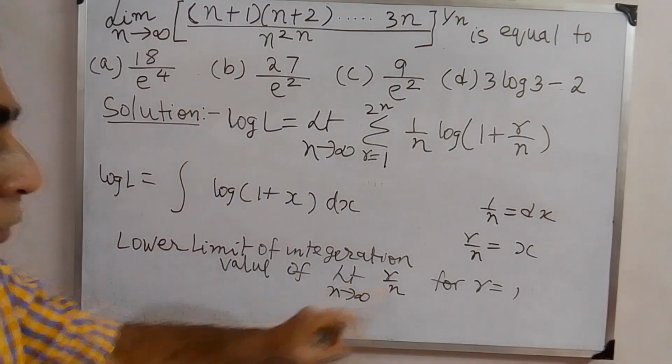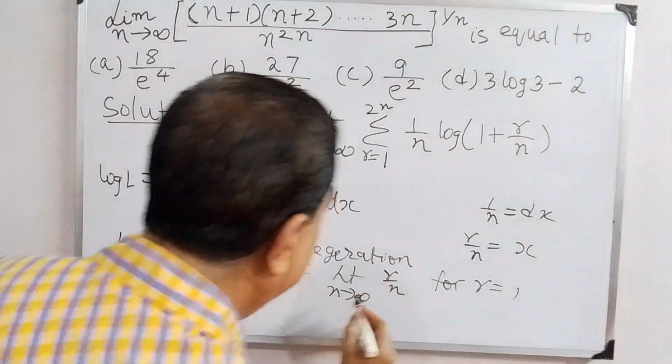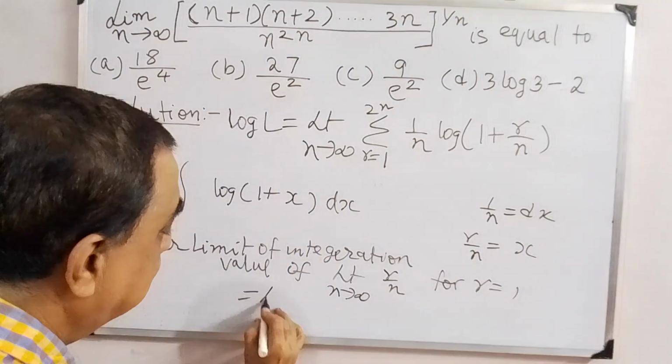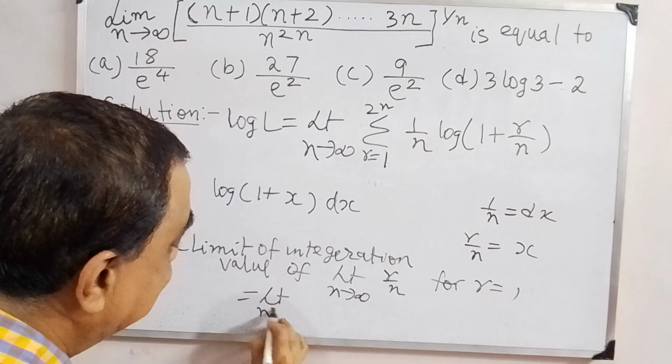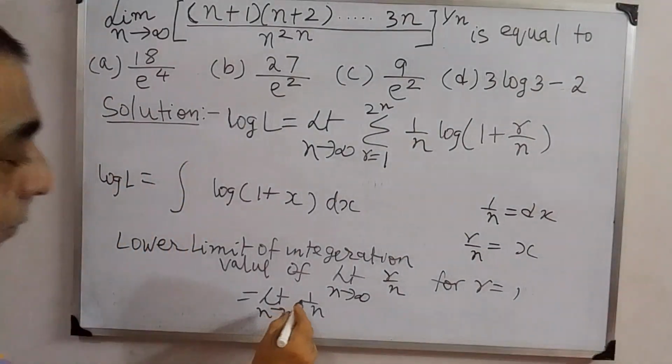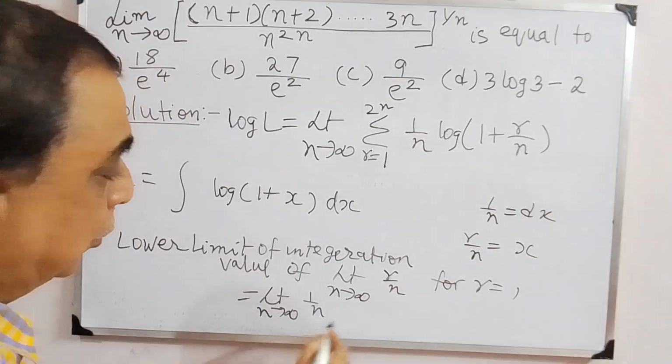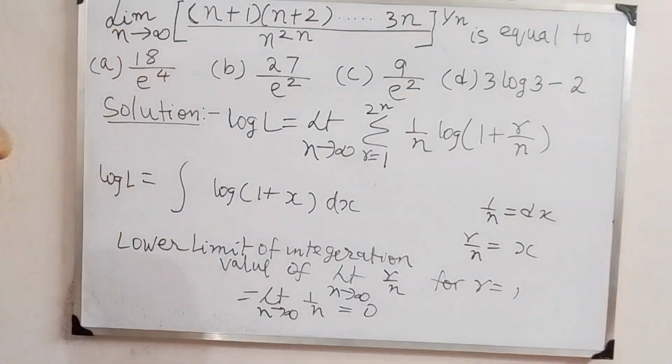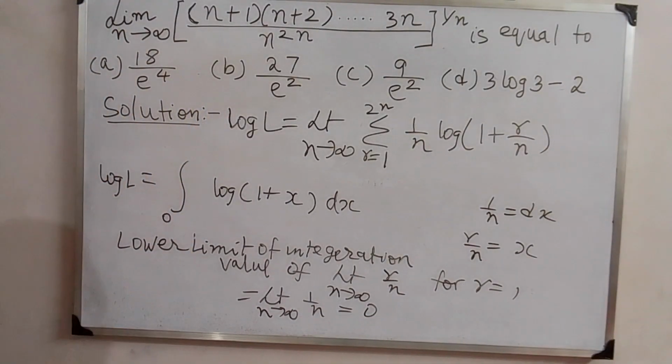So when the r value is 1, the limit will be limit n tends to infinity of 1 by n. As n tends to infinity, 1 by n is 0. So the lower limit is 0.